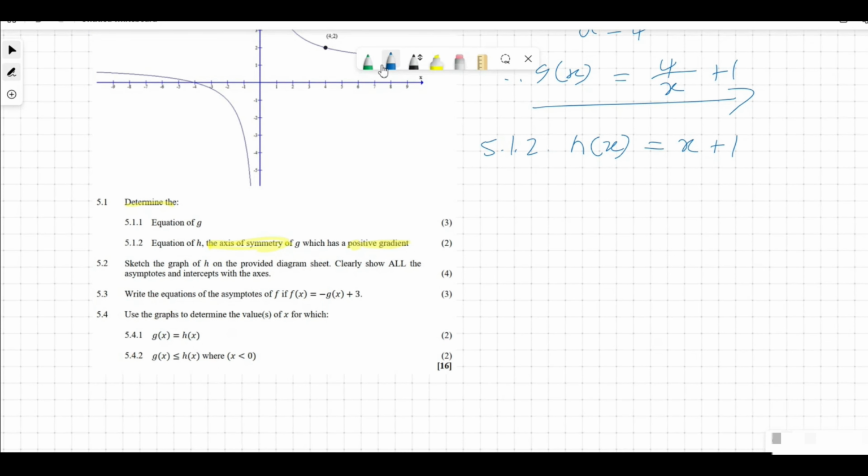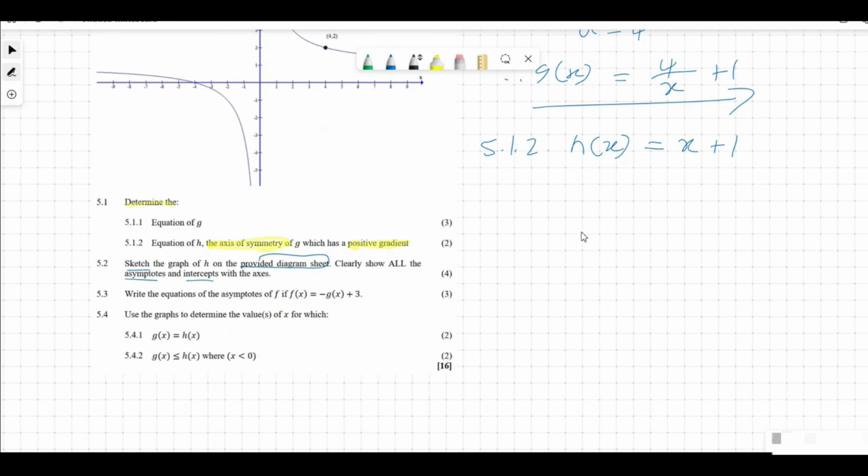Now they're asking to sketch. The way I understand it at the moment is that if they say sketch any graph, we will be able to sketch without struggling. 5.2: sketch the graph of h on the provided diagram sheet. We don't have that provided diagram sheet. Clearly show all the asymptotes and intercepts with the axes.